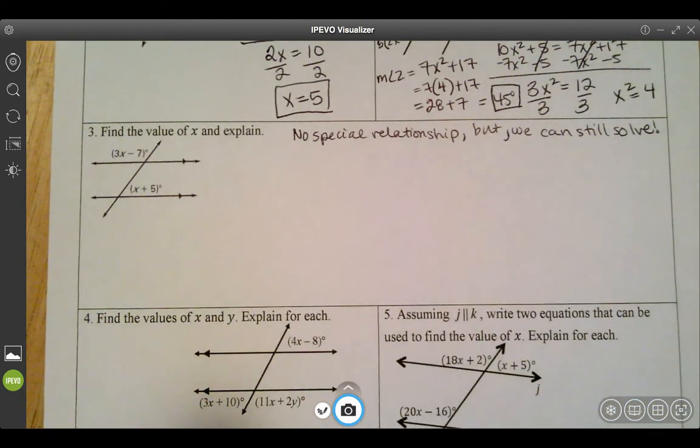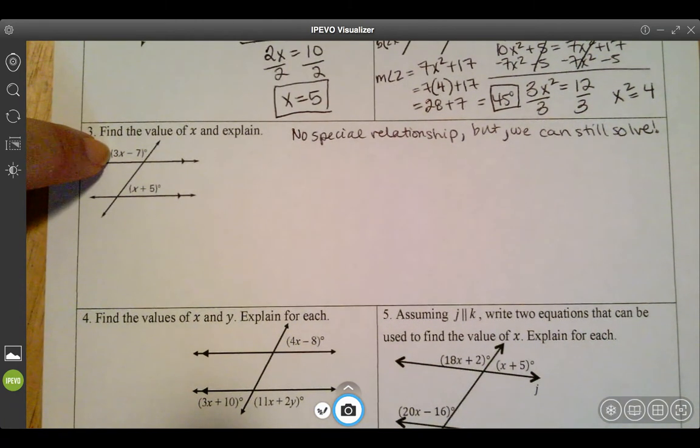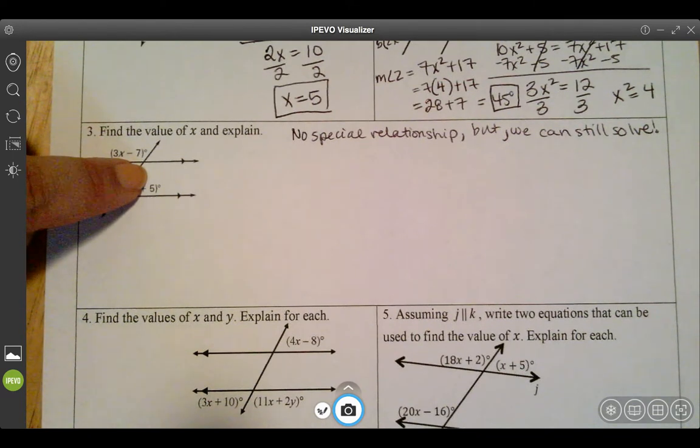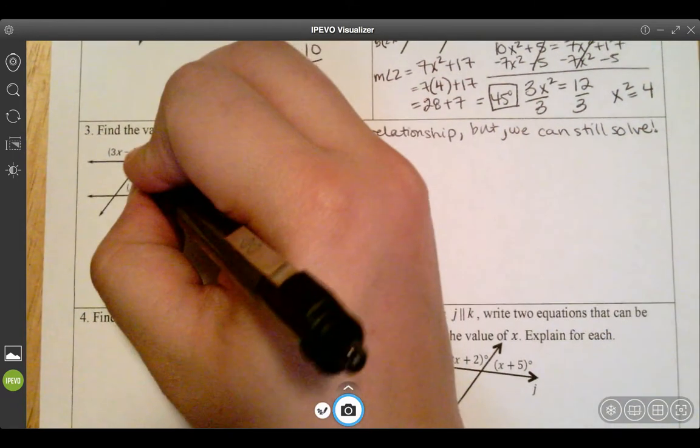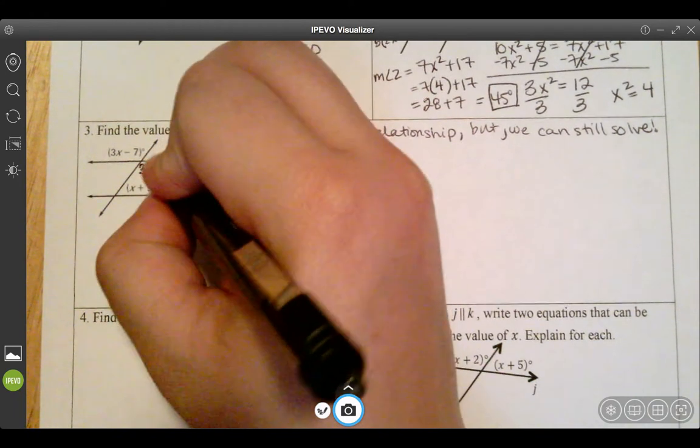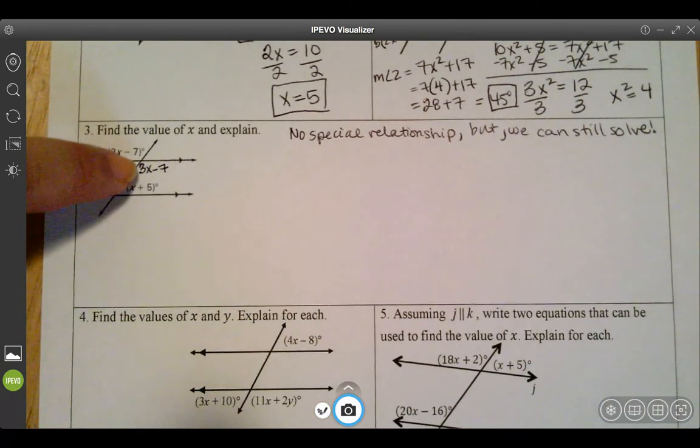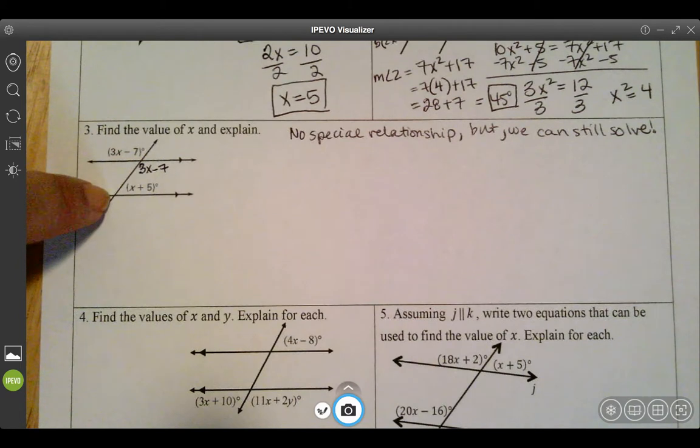How can we still solve? Well, I know other relationships, right? So I can say 3x minus 7 is congruent to this vertical angle. I can name that 3x minus 7. And so now they do have a special relationship.